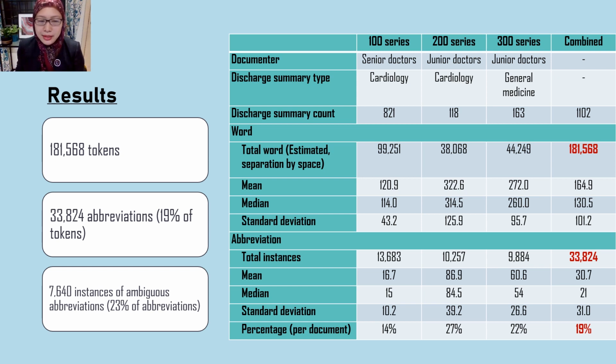Out of that, 33,824 of the tokens are abbreviations. And it will be shown in the next page that out of those abbreviations, 7,640 were ambiguous. So that's 23% of the abbreviations.